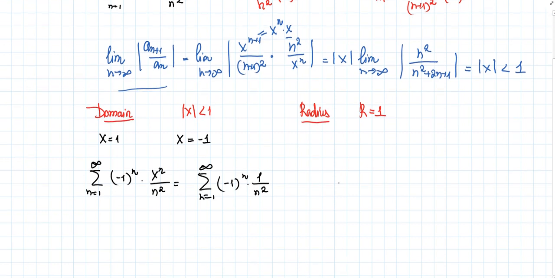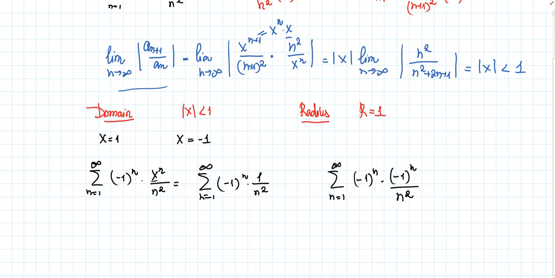So when x is equal to minus 1, the series becomes the sum, n from 1 to infinity, of minus 1 to the power of n, multiplied by, again, minus 1 to the power of n, right? Because if you substitute x with minus 1, it becomes minus 1 to the power of n, divided by n squared.